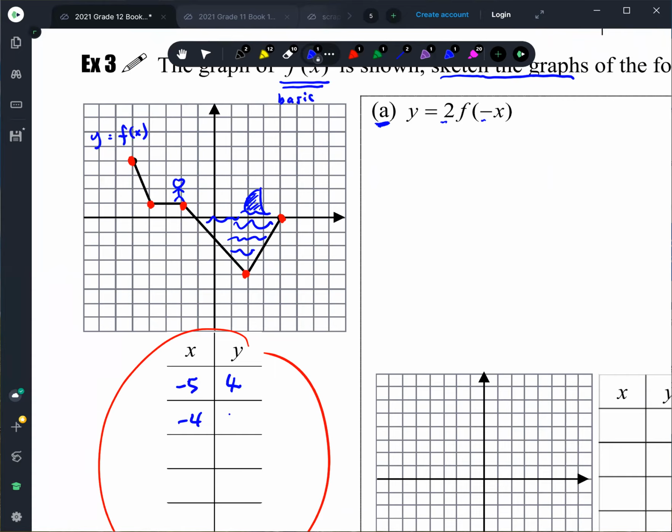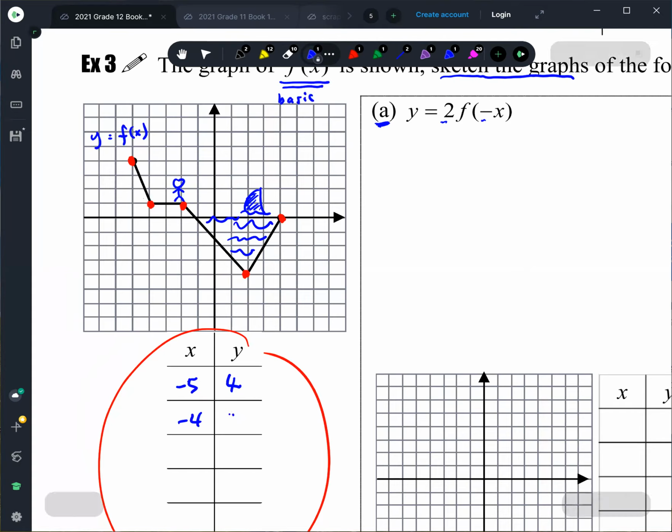Can you show it on the graph? Which point are you talking about? No, sorry, -4 and 1.